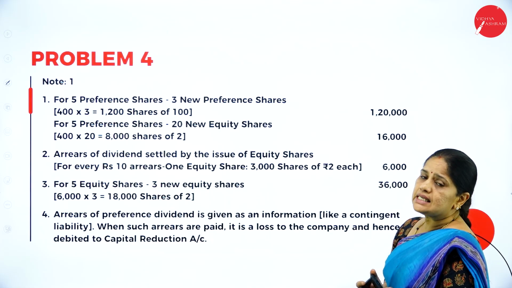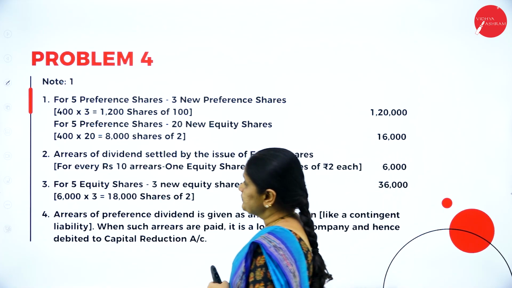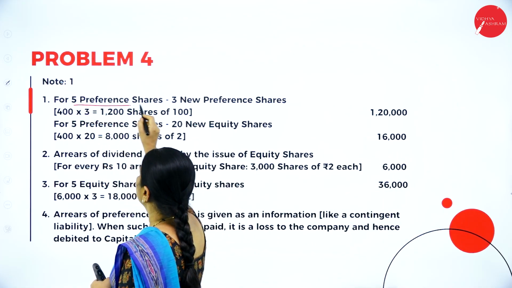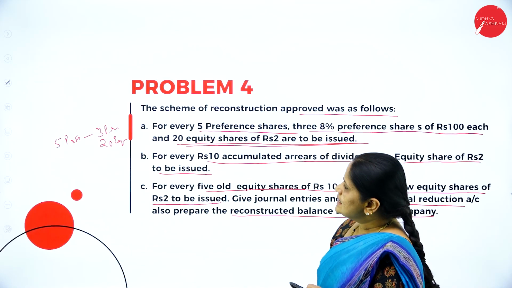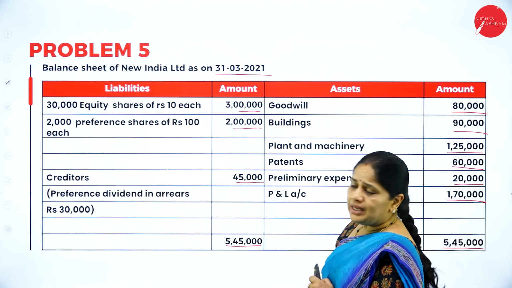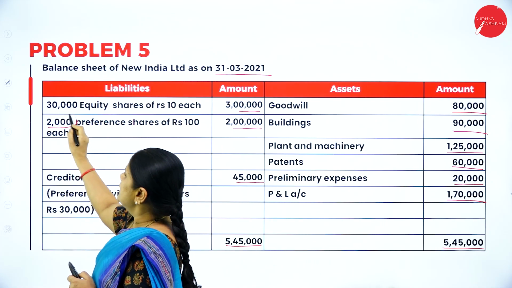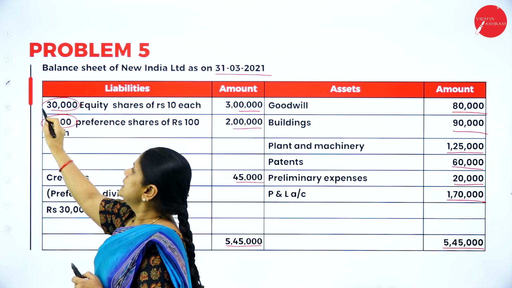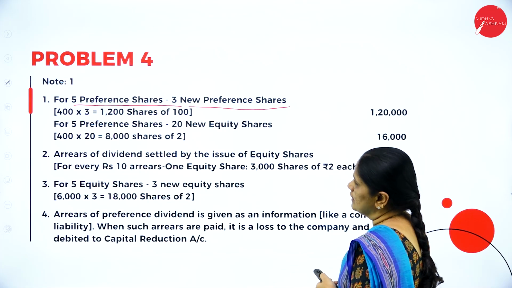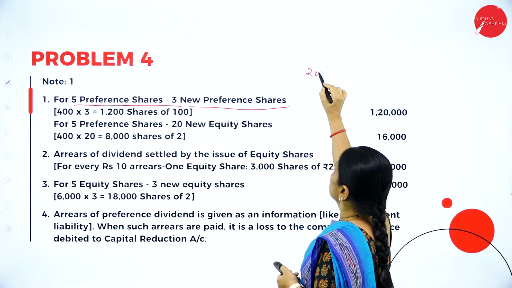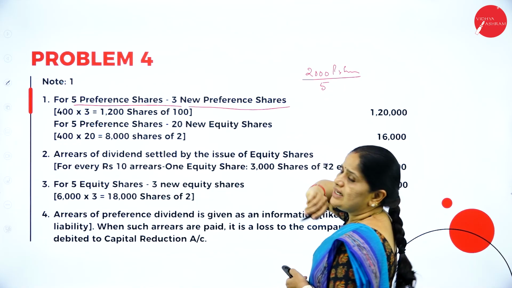Now first thing is we have to decide what is the number of shares to be issued here. See, for every 5 preference shares, 3 new preference shares you are giving. So first thing is we have to know how many preference shares are there. Now we are having how many preference shares here? 2,000 preference shares. 30,000 equity shares are there. So 2,000 preference shares for every 5. So our 2,000 divided by 5.